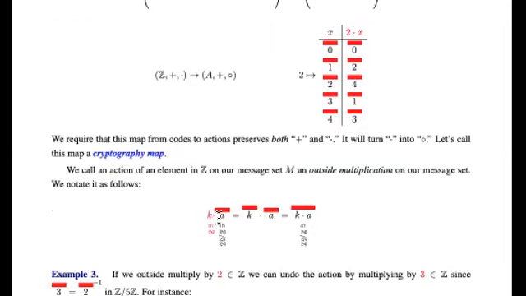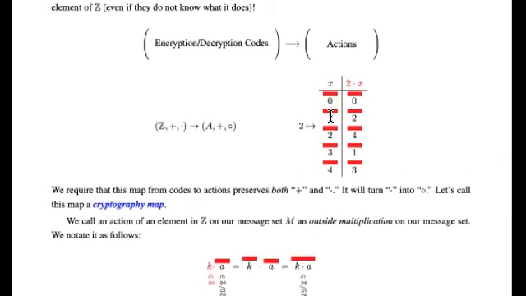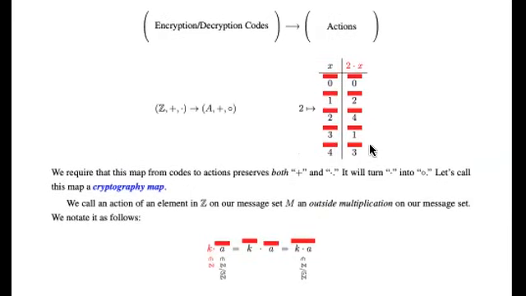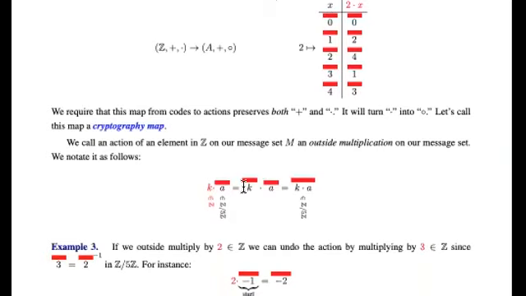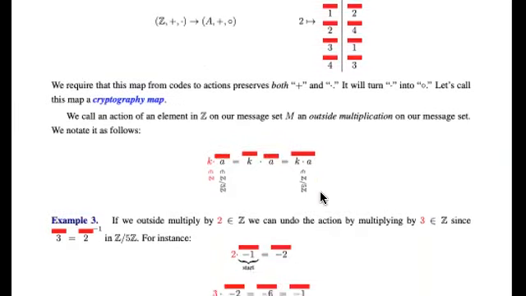We can even notate it that way: K times A bar. It's defined like this. You throw the bar over the K, and then you put it together. And that's where A is sent. For instance, where is 3 sent? It's sent to 3 times 2, which is 1 bar. So it describes a function, and it's a function action. This is literally the function that K is sent to, and then you put A into it and get something out of it. It's called outside multiplication.